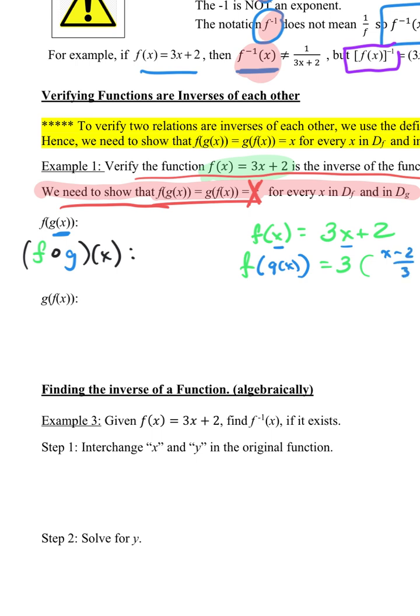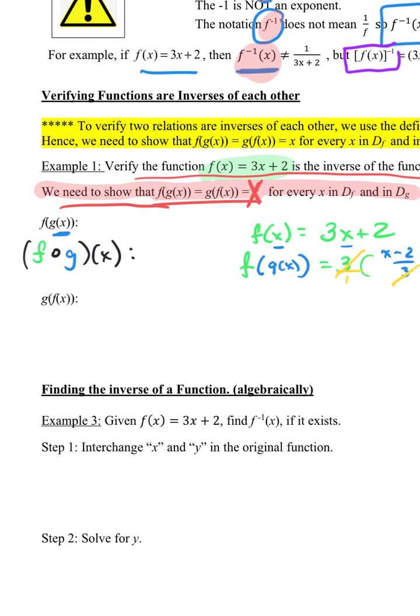So far, so good? Now all I do is simplify the right-hand side. How do I do that? Distribute the 3, or multiply by 3, and it gives you x minus 2. That's right. I like that. See that you have a common factor in the numerator and denominator and simplify.